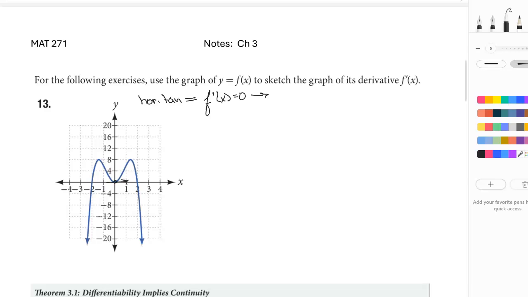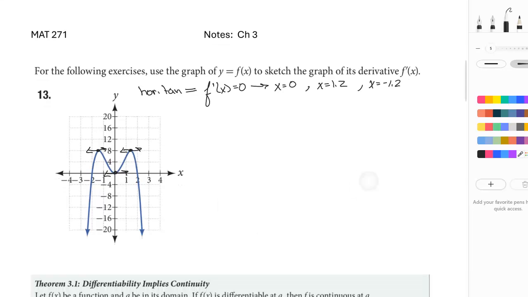To me, this looks like it's probably about, I don't know, maybe 1.2, and then maybe negative 1.2, negative 1.5, negative 1 point something, and positive 1 point something.